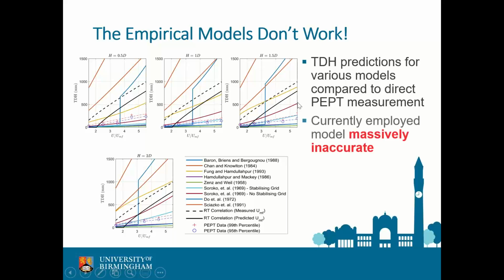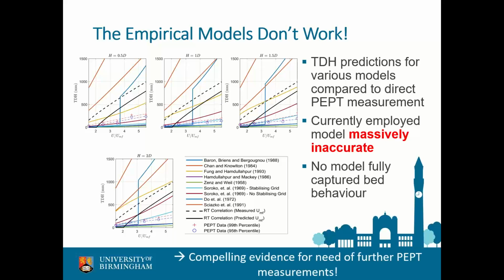So in other words, the models the company were using to design their equipment were terrifyingly far from the truth. And more importantly, we looked at basically every relevant TDH prediction equation we could find, and almost none of them came close to the actual behavior, and none of them at all managed to fully capture the behavior of our systems.